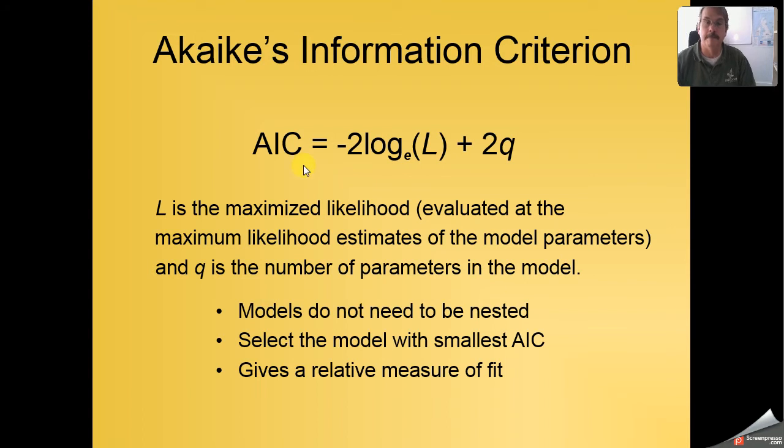This AIC harks back to an earlier comment I made about trying to find the best compromise between bias and precision. And I noted that bias was going to decrease as the number of parameters in our model went up, but that our precision or our variance was going to deteriorate as the number of parameters increased. And so this is where the two components of AIC come in.